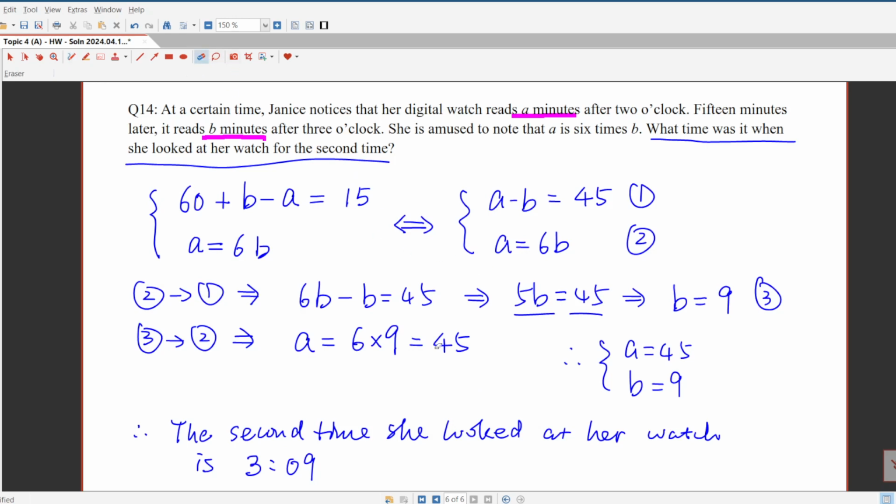Yeah, I see your point. Here should be 54. Sorry about that. It's a typo. 6 by 9 is 54. Okay. Thanks for the correction. But here we only need B, right? Okay, any questions?